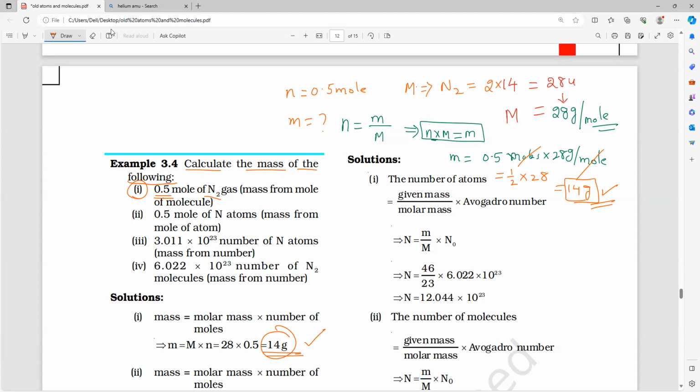Clear? All of you? Any doubt? Anybody can ask. Once you solve only, I will proceed further. Mukesh, tell me, completed?